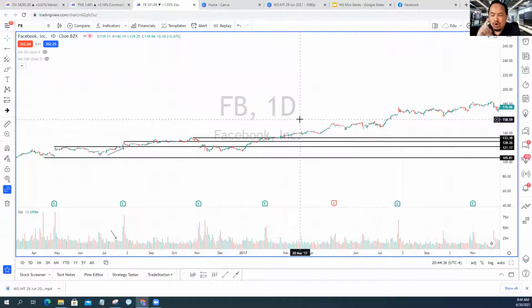As I mentioned earlier, when the price breaks the resistance, it must be supported with a higher volume. And if it didn't work, be ready to exit the market with a stop loss of less than 10%. So that's it for my sharing today.